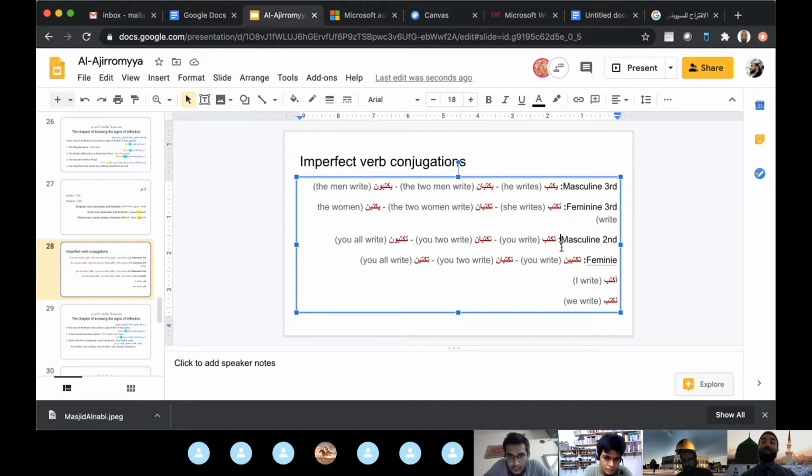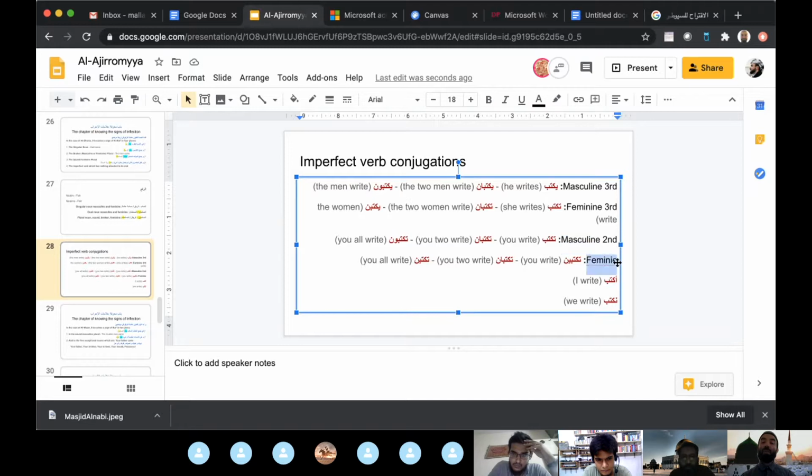But if you're referring to the second person, it would indicate masculinity. So when you say taktubu, it means you write. You're talking to a man. When you say taktubani, meaning that you two write, you're talking to men. Taktubuna, you all write. Again, you're talking to men. So this is masculine, second person.